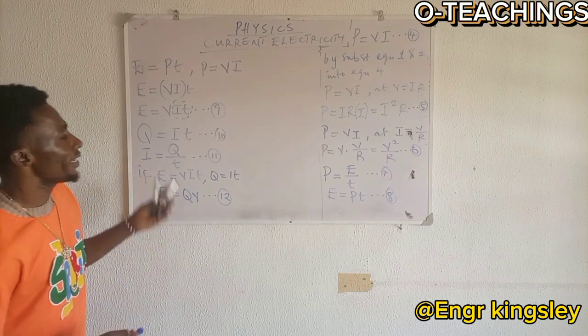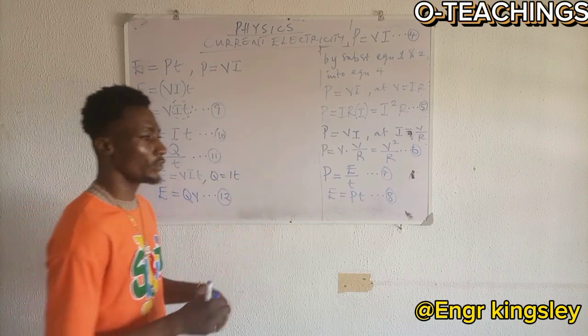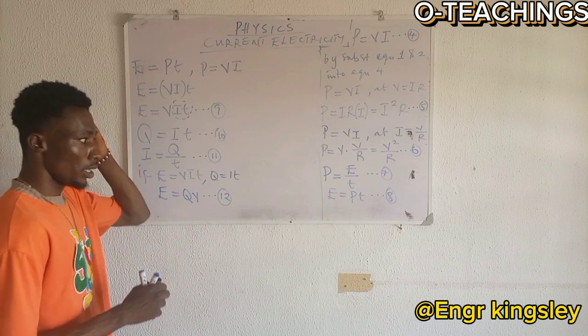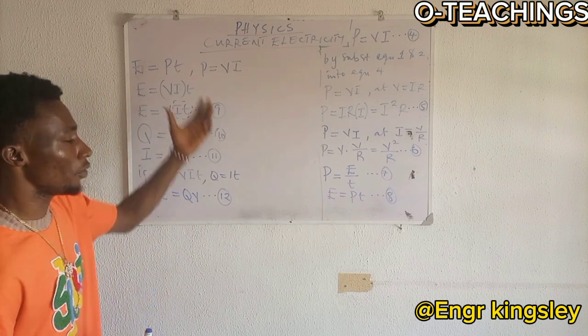I have so many parameters to derive to get a series of equations, but this is a good place to stop. With these formulas, we are going to solve a series of questions in current electricity.